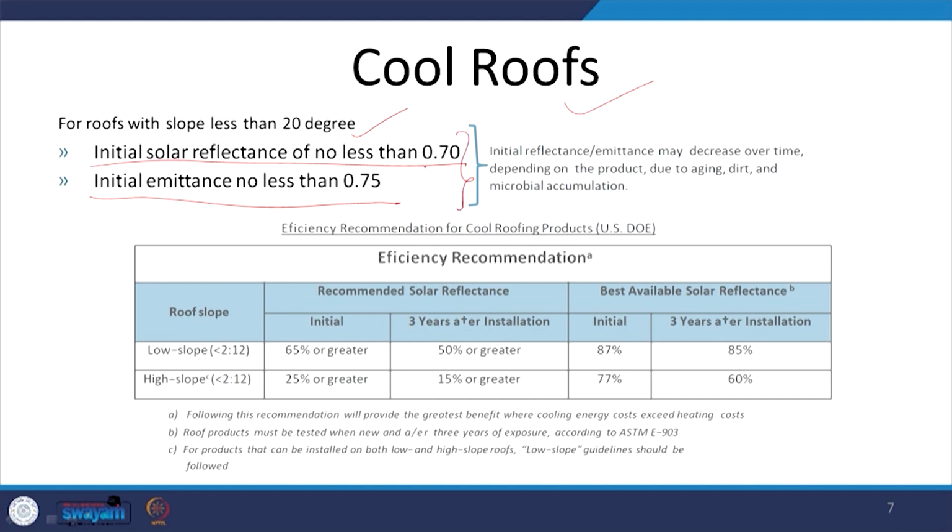The reflectance values especially would be much lower because the high slope is more likely to cause glare on surrounding buildings.